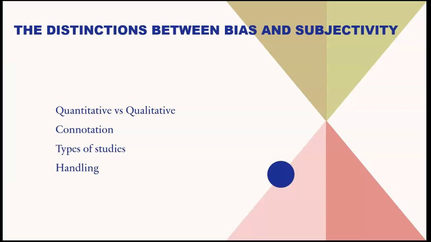The handling of bias, as I said, is something systematic or procedural in a quantitative study, whereas handling subjectivities in qualitative studies is more written and reflexive.